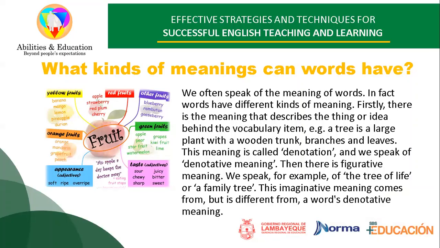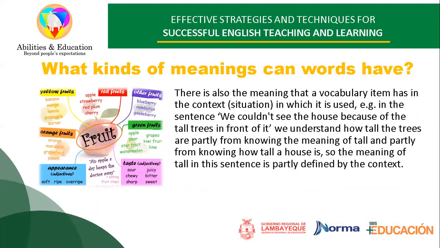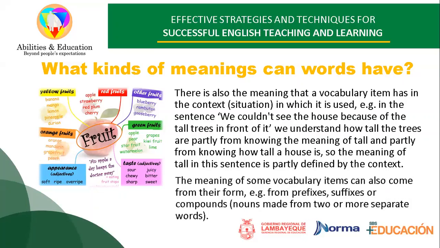So palm has a denotative meaning, it is a kind of tree, but also a figurative meaning, right? There is also the meaning that a vocabulary item has in the context in which it is used. The meaning of some vocabulary items can also come from their form, like prefixes, suffixes, or compounds.